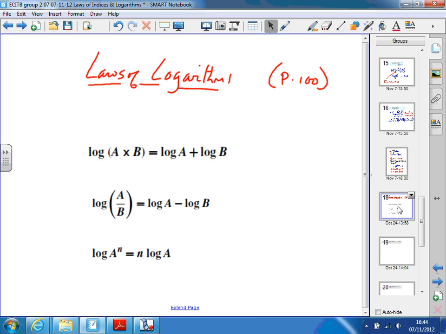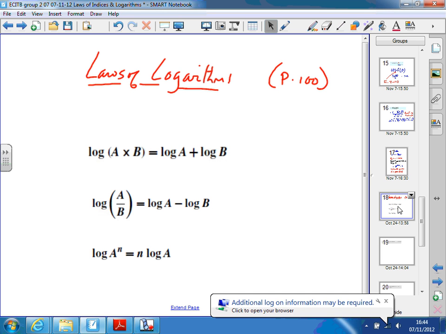Instead of multiplying A and B together, I can actually find the log of A and the log of B and add them together. So the first law of logarithms comes from the first law of indices. Multiplication becomes addition, and similarly division becomes subtraction.